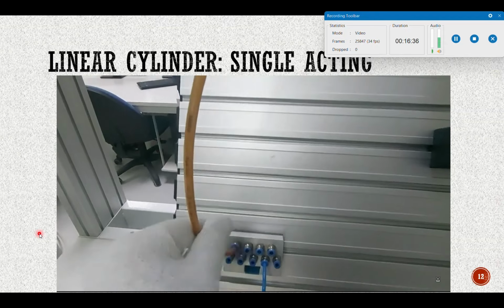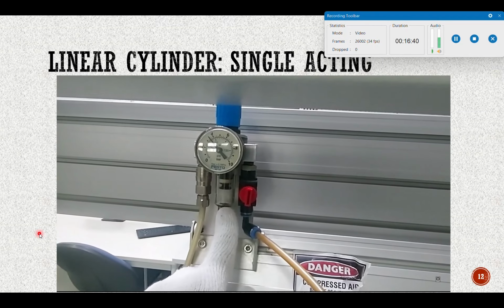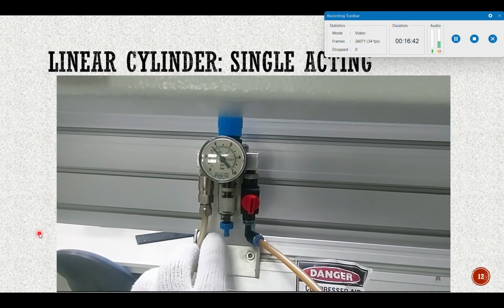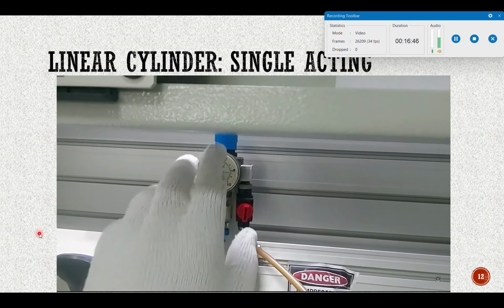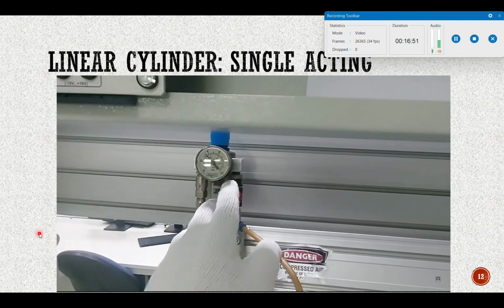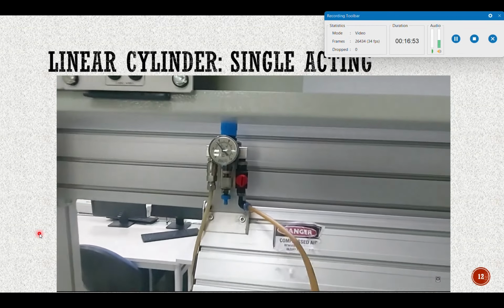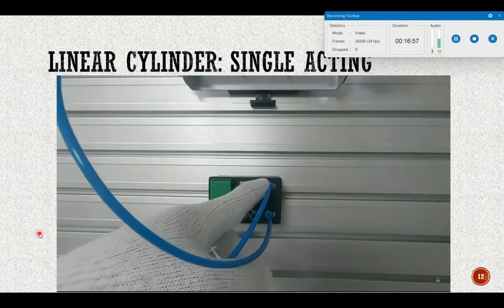And this distributor is connected to FRL or air service unit. What is FRL? F is filter, R is pressure regulator, and L is lubrication.